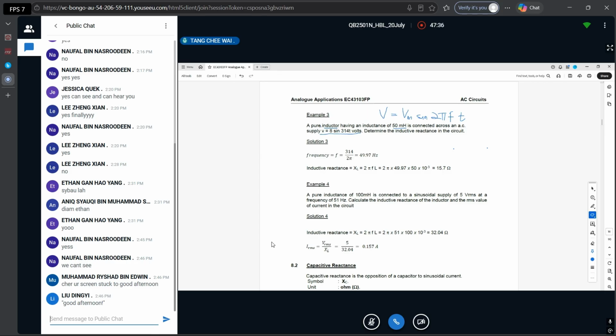This is the general formula that just now I pointed out to you. I wrote it here so that you can see.